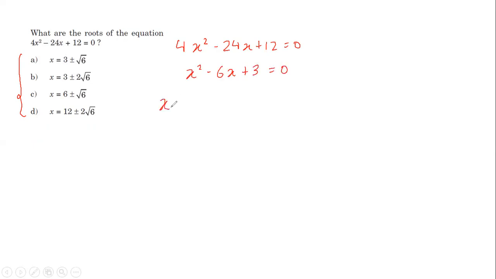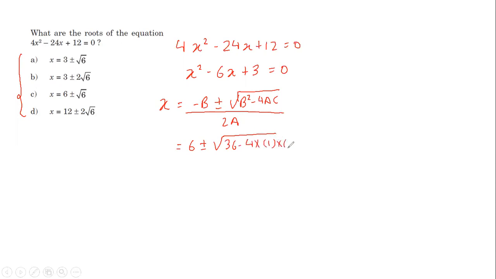Now if I go for the roots, that is x is equal to minus b plus minus under root b square minus 4ac over 2a. So minus b will be plus 6, plus minus under root b square is 36 minus 4 into a, which is 1, and into c, which is 3, over twice into a, which is 1.